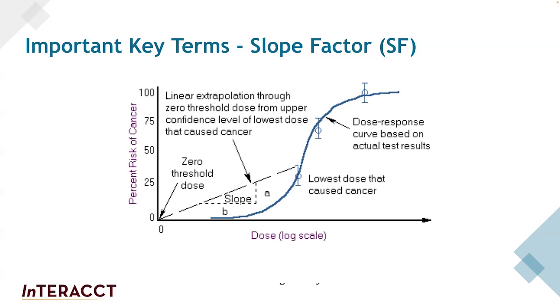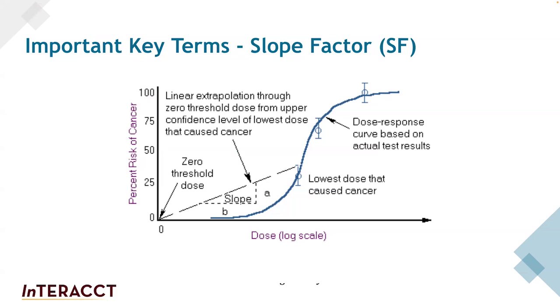These curves are based on test results, usually from high-dose animal tests. To estimate risk at lower doses, scientists use a method called linear extrapolation, drawing a straight line from the lowest observed cancer-causing dose down to 0.